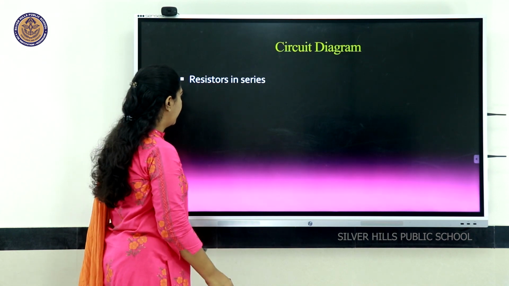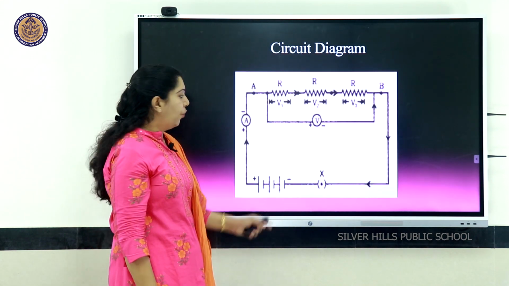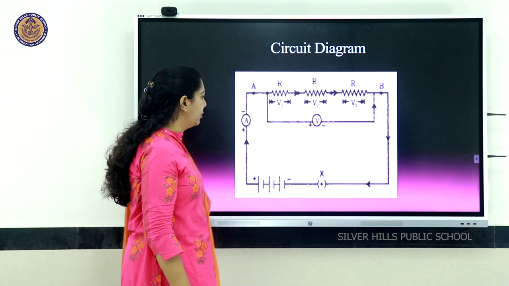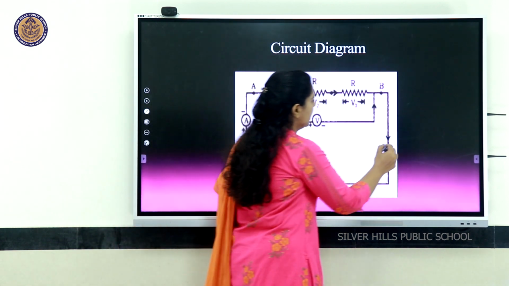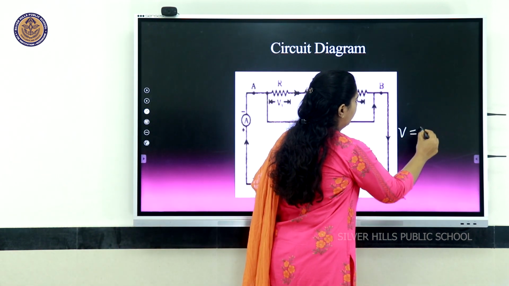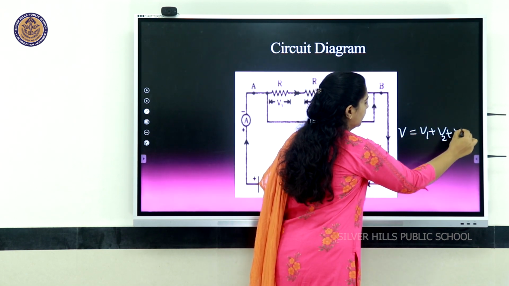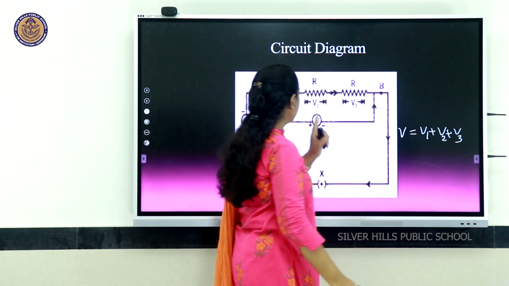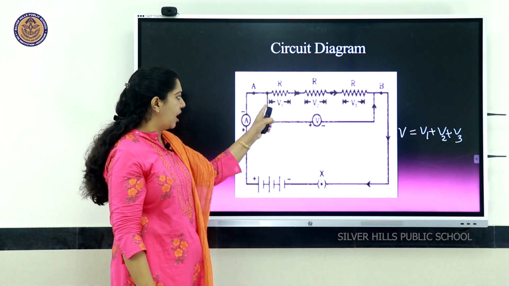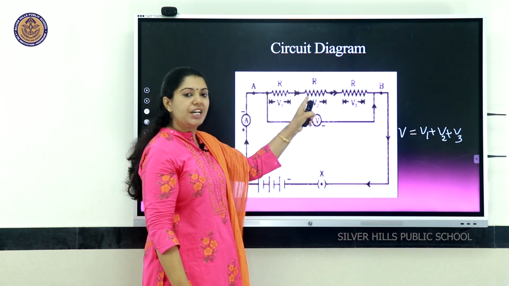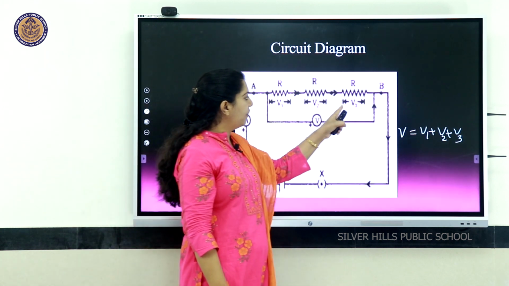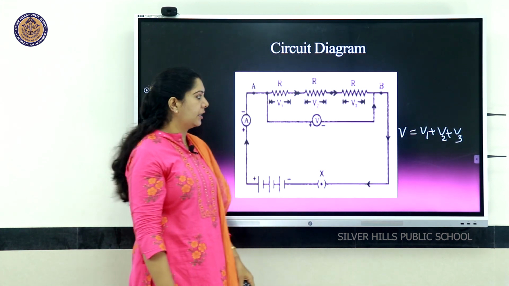Then we can say that the total voltage V is equal to V1 plus V2 plus V3, where V1 is the voltage across R1, V2 is the voltage across R2 and V3 is the voltage across R3.